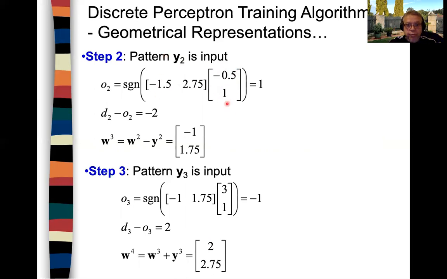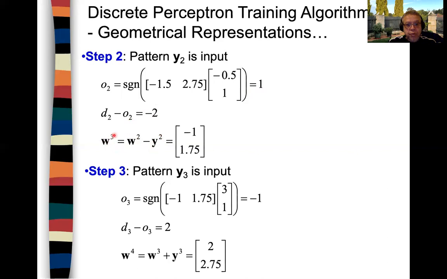I do the multiplication, I take the sign, and this is going to be positive, so my output O2 would be 1. If I do D2 minus O2, I know that D2 belongs to class 2, so it'd be minus 1 minus 1, because O2 is equal to 1. So I get minus 2 and I need to move in the negative direction of Y2.